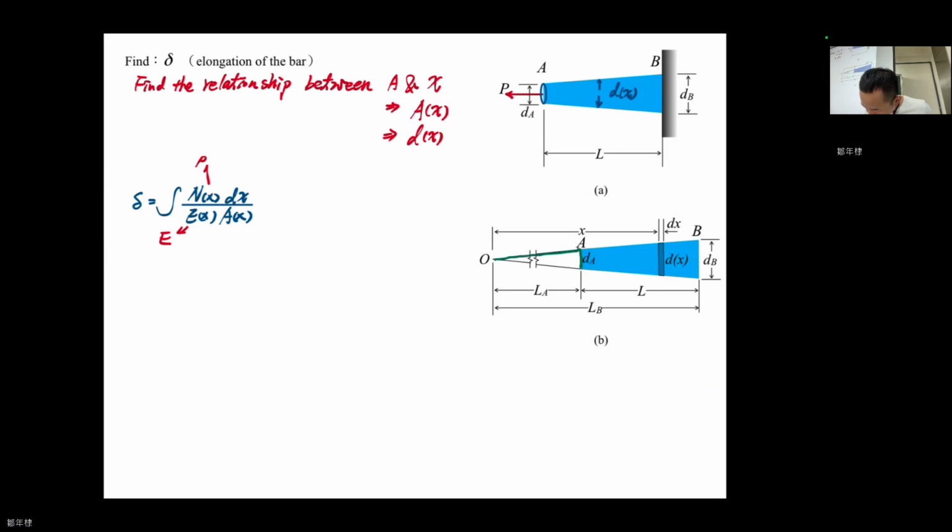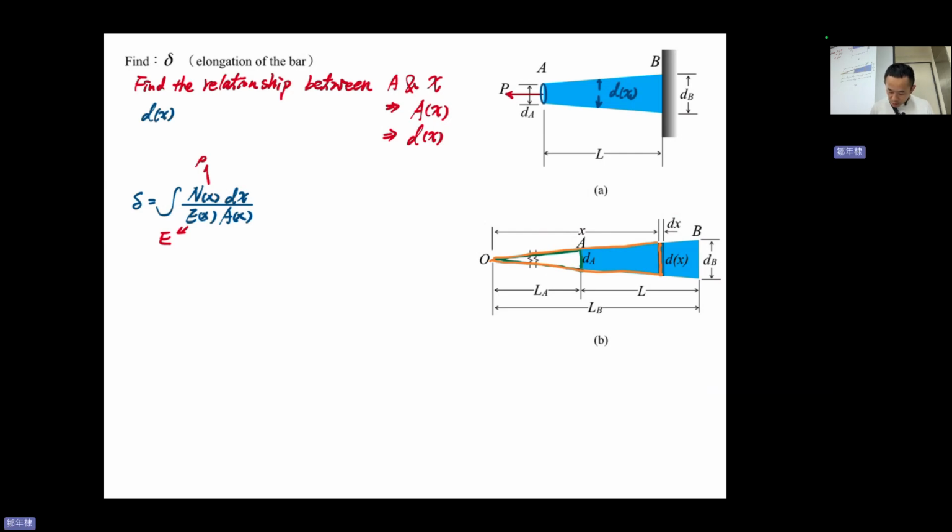can be treated as a similar triangle. And you see, this is dA, and this is LA, this is dx, d of x in the x direction. So you can see these two relationships.